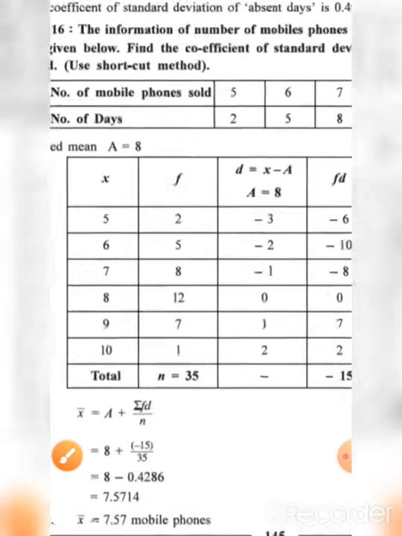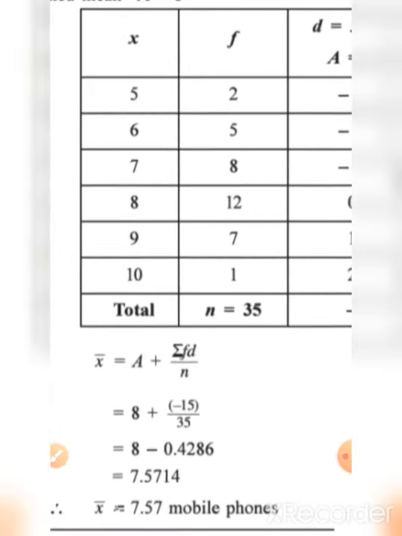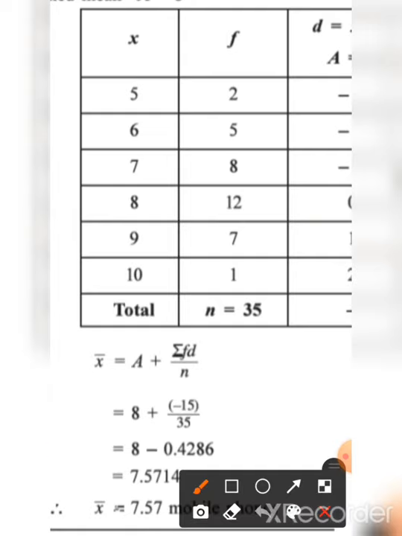So when the scale has not been changed, while we talk about the shortcut method, the formula for your mean becomes a plus sigma fidi upon n. You will not multiply this formula by c. Why will we not multiply it by c? Because the scale has not been changed in the deviation.